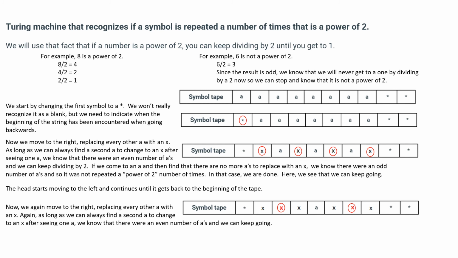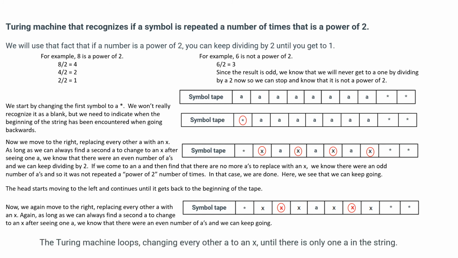So now how many A's are left? 1, 2. So that represents this way up here at the top when we said, for example, 8 is a power of 2. We've gone from 8 down to 4 and now down to 2. Now we're going to do it all again.